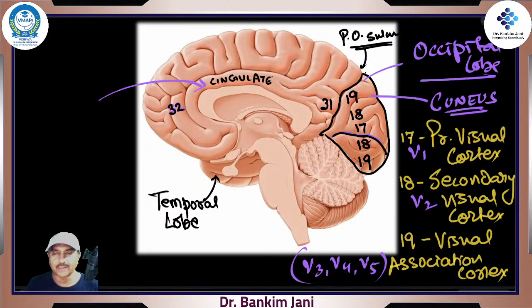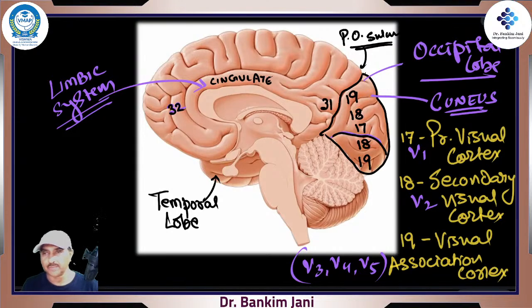Now this cingulate gyrus, which we have been talking about for a long time, is one of the very important systems. It is part of the limbic system.